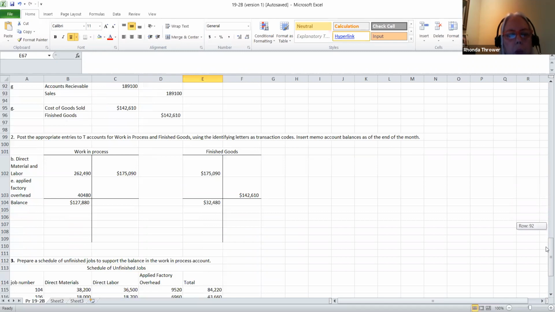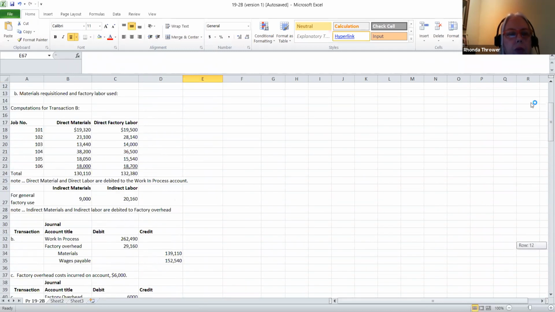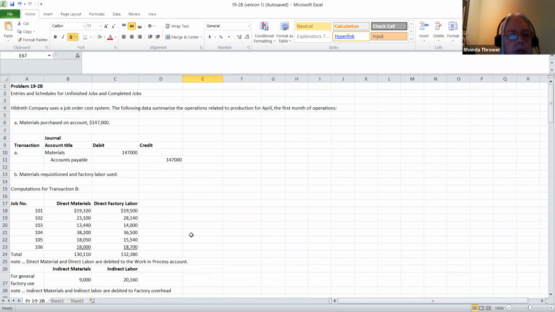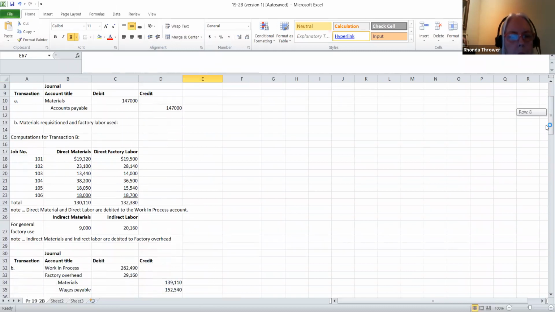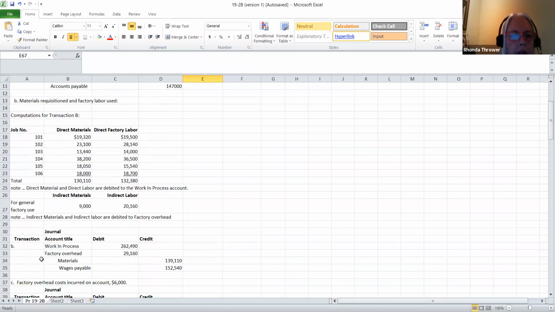Now, part two of this problem wants you to post the appropriate entries to T accounts. They only wanted you to keep up with the T accounts for work in process and also for finished goods. So for work in process, I'm going to take all of my information that I got from transaction B. Transaction B was recorded in the journal here.